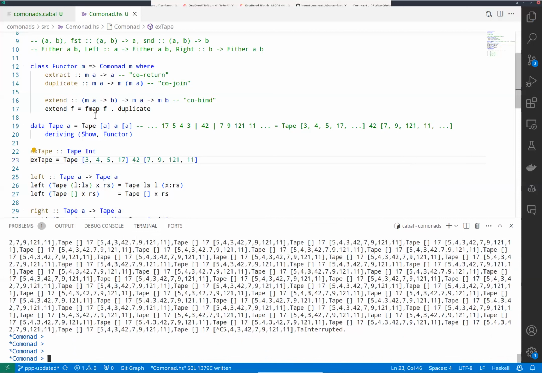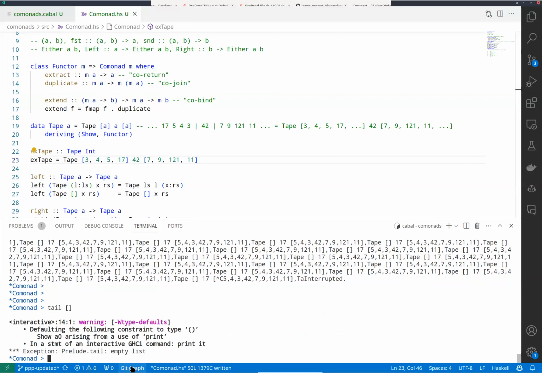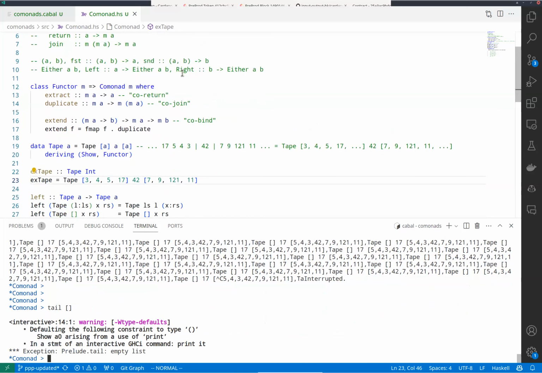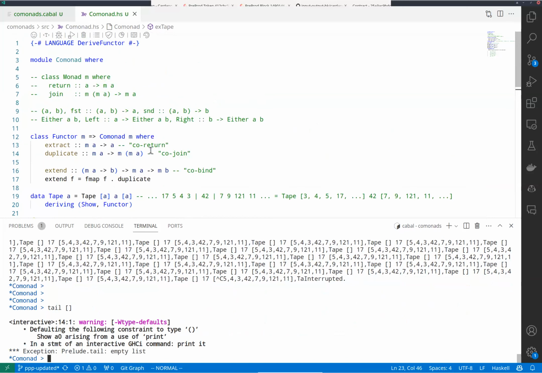So actually, probably I shouldn't do it like that. The problem is tail of the empty list is also the empty list, right? No, it's not. Sorry. But because this left. So this is a bit wrong, I think. I think this only works for like infinite lists.